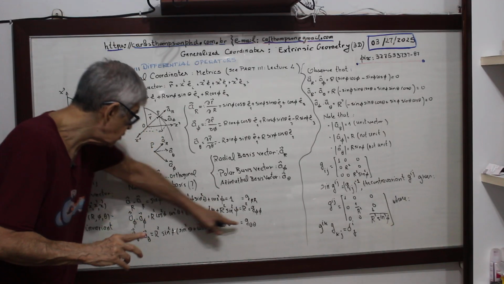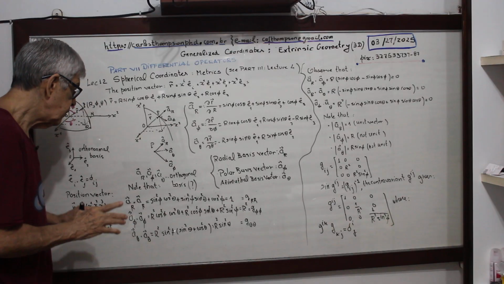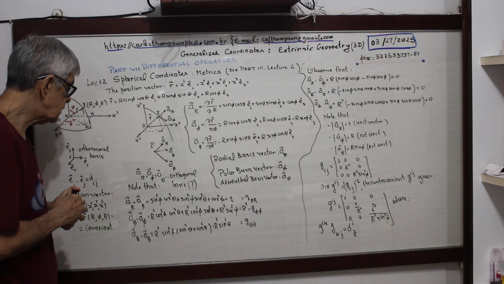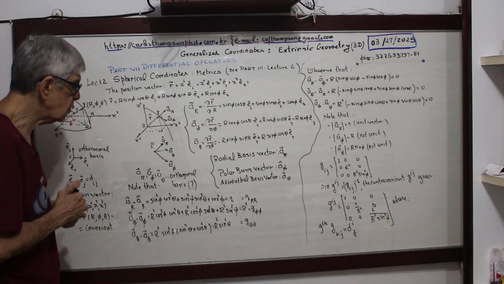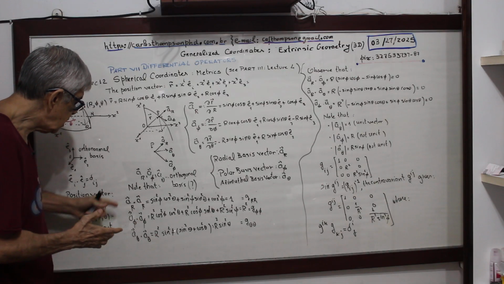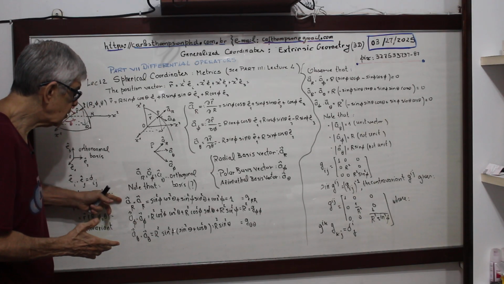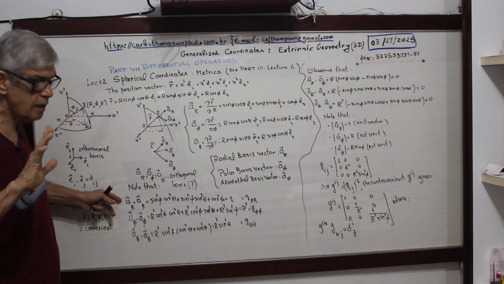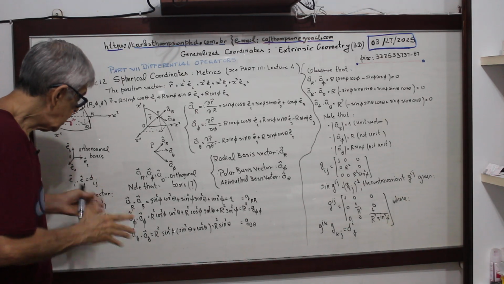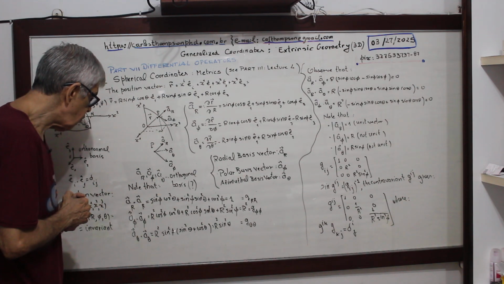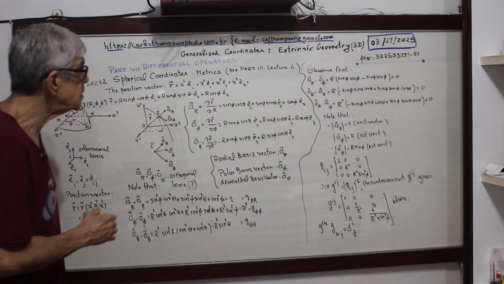This dot product is not 1. So this ensures that in this case they are not orthonormal. They are not. And I don't know either if this is orthogonal. Let's prove it now. You see?